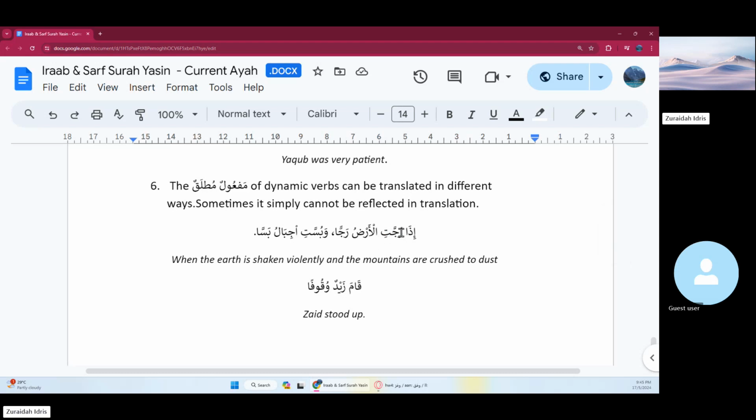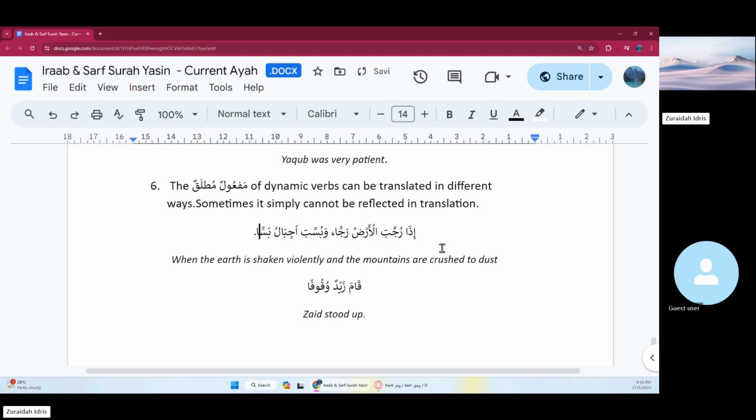So for these two, you can think of a translation to show the intensity of the action, right? So when the earth is shaken violently, for example, although rajjan doesn't mean violent, it indicates that this shaking was really strong. So in English, you can say something like that. Or here, for example, wa bussatil jibalu bassan.